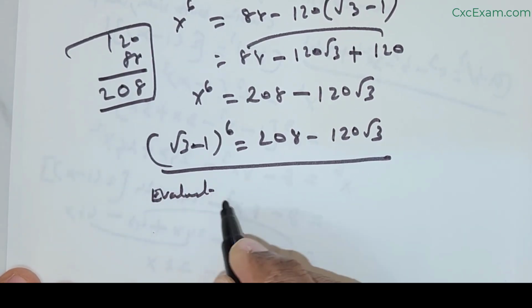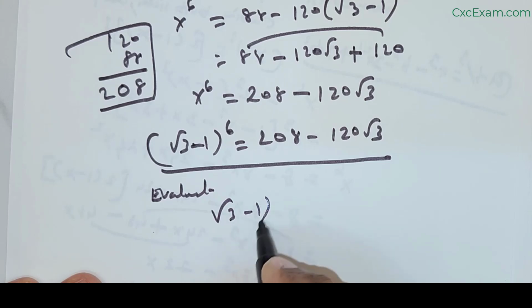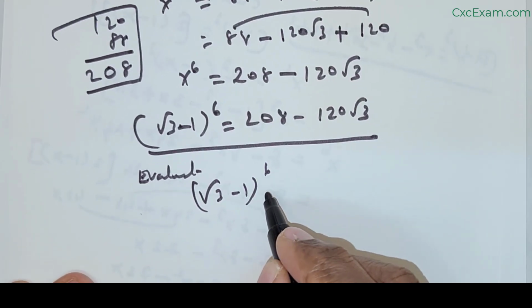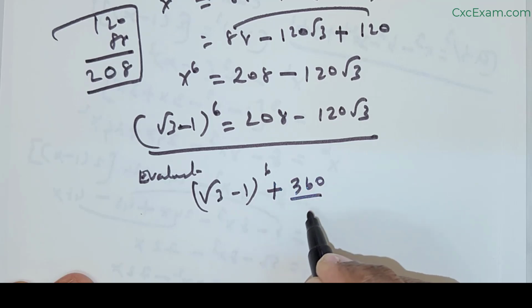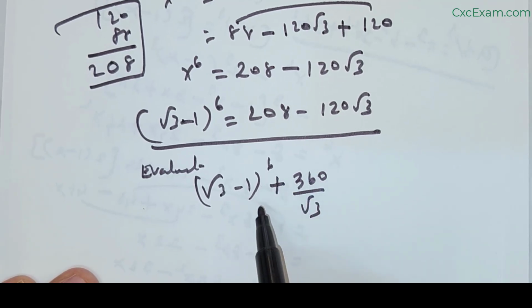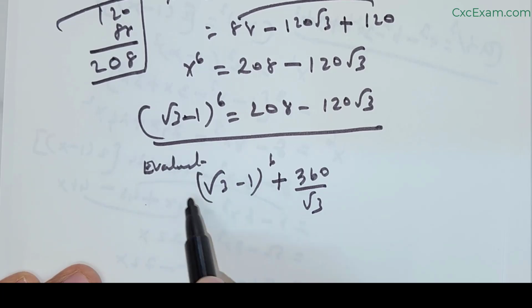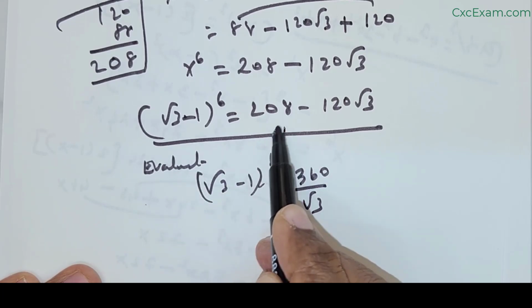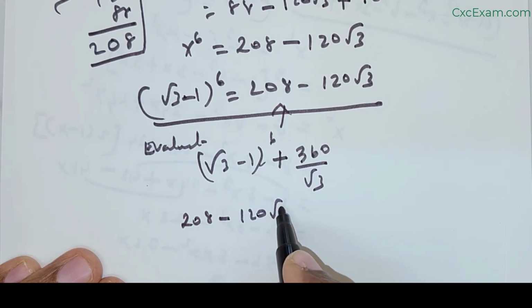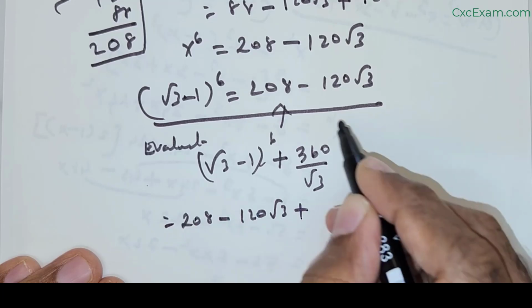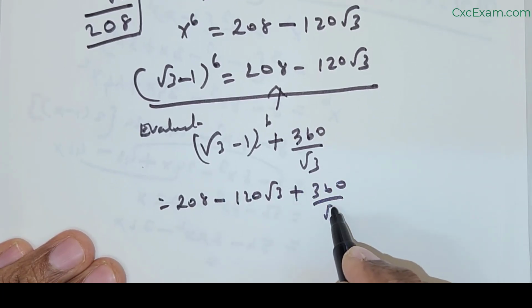We are expected to evaluate (√3 − 1)⁶ + 360/√3. So in place of (√3 − 1)⁶ I can substitute this value: 208 − 120√3, followed by 360/√3.